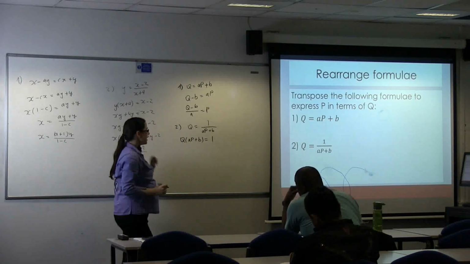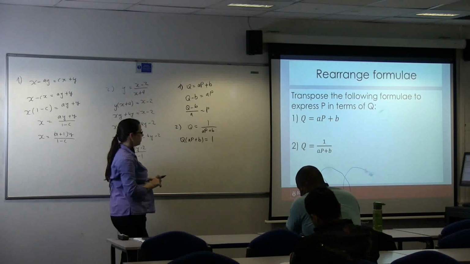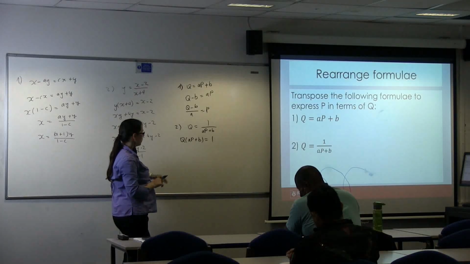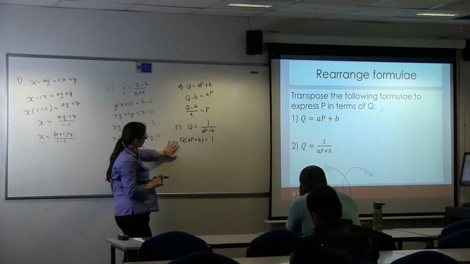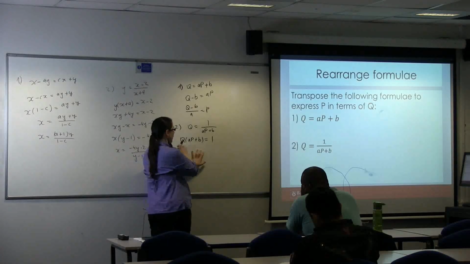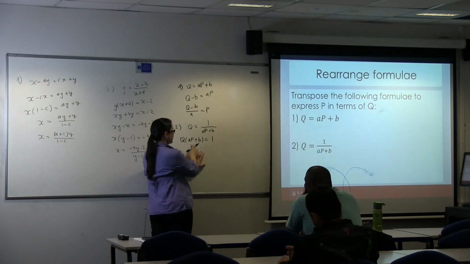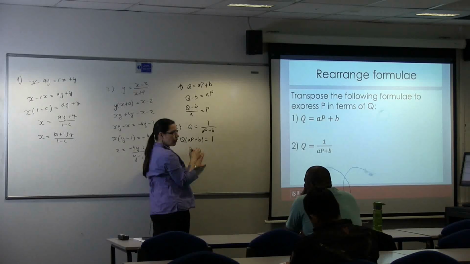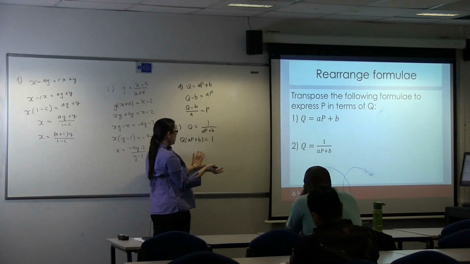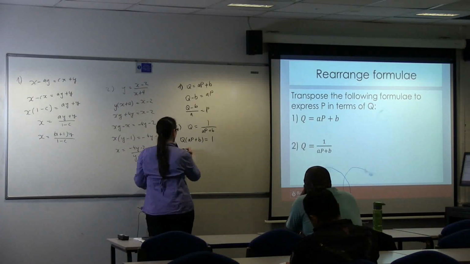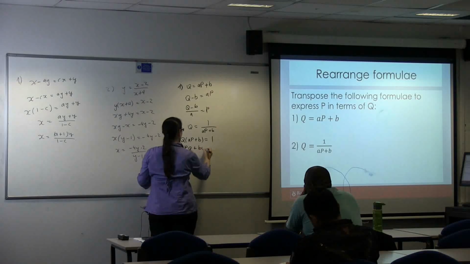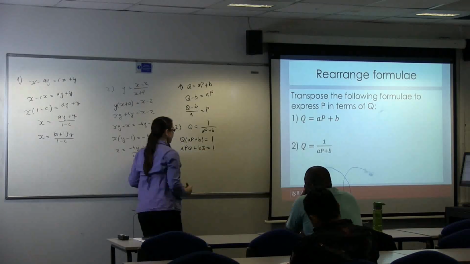Now, okay, I'm going to break up the bracket, because I think in that way I'll be able to manipulate it into a more meaningful form. So it's APQ plus BQ equals 1.